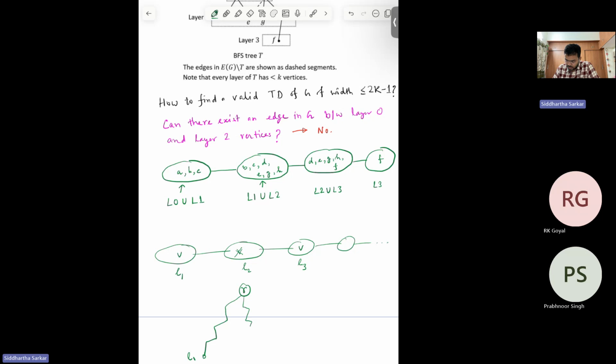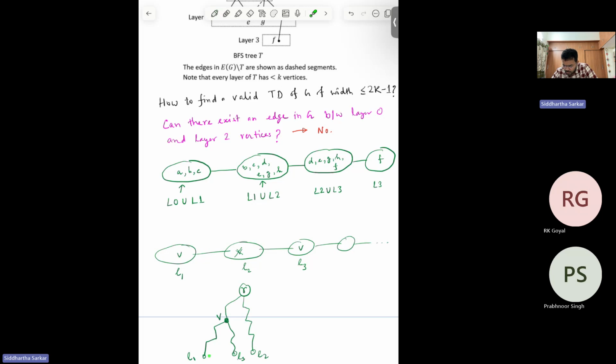Then there is another path which brings you to L2, and another path which brings you to L3. There is a V here, because V is common between the two paths, R to L1 and R to L3.